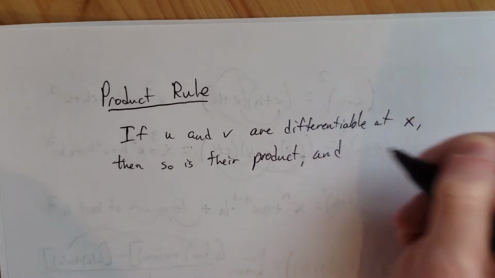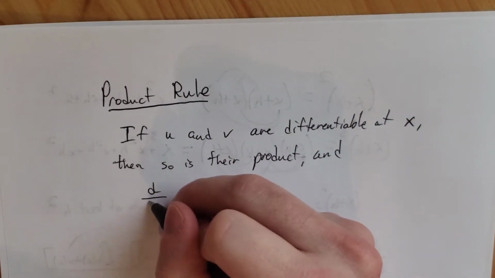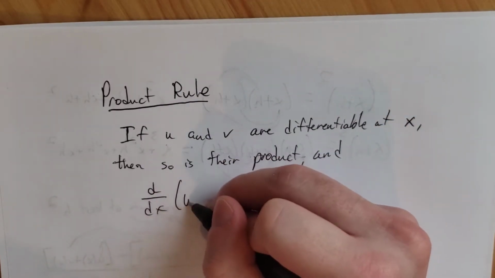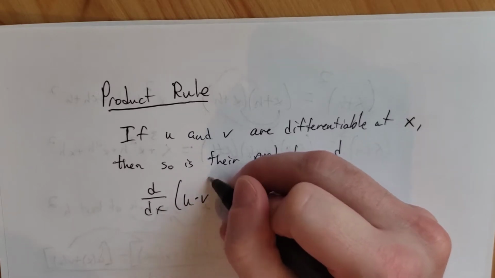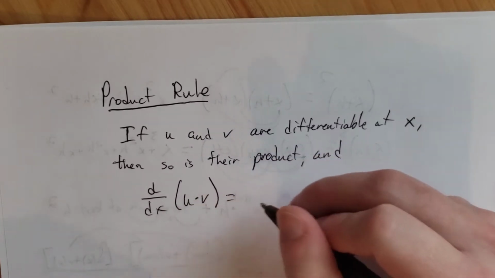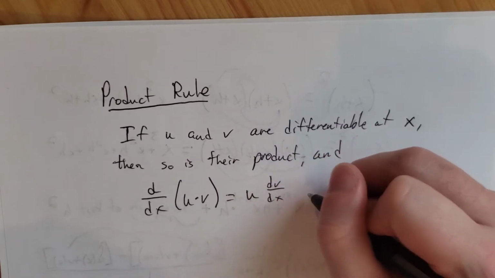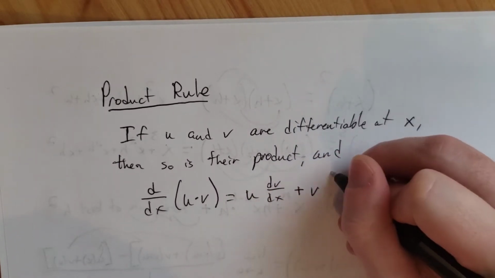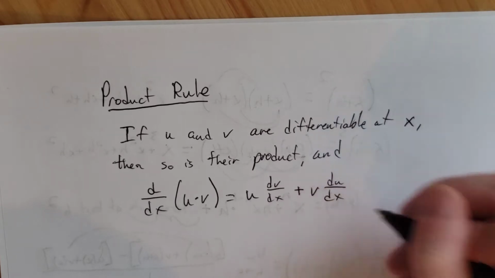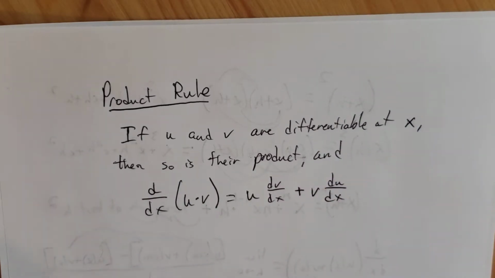And moreover, the rule here is the derivative with respect to x of our function u times v is equal to the function u times the derivative of v with respect to x plus the function v times the derivative of u with respect to x.